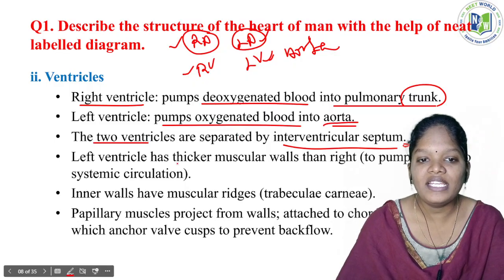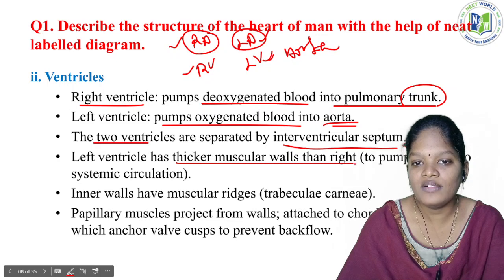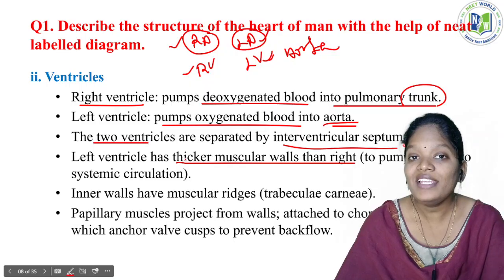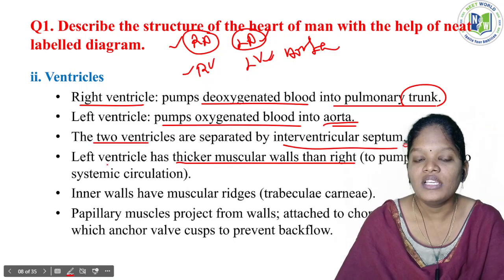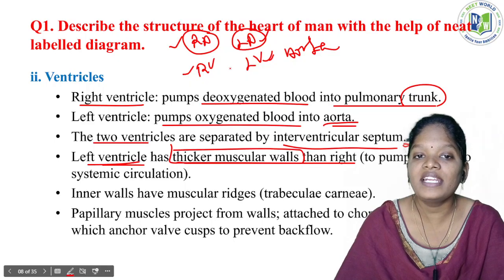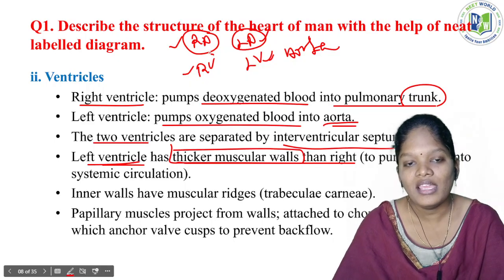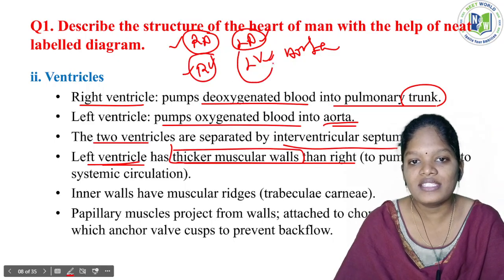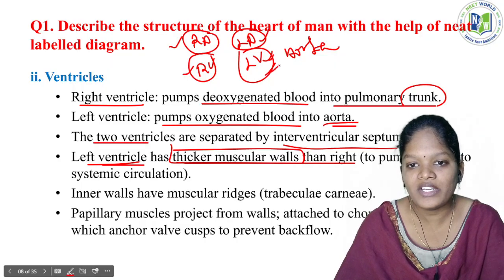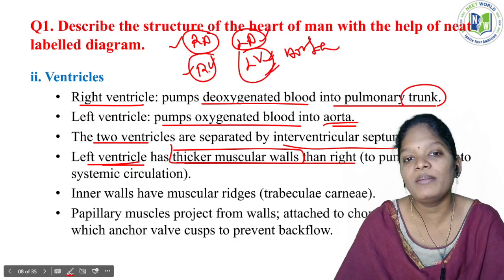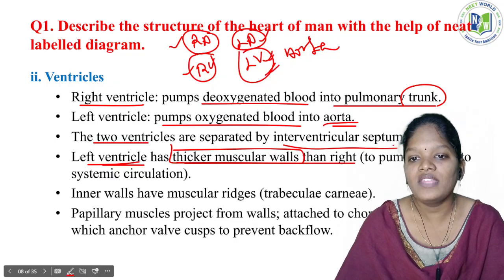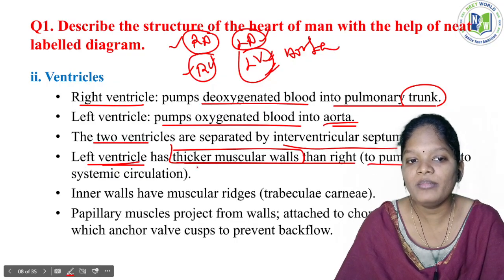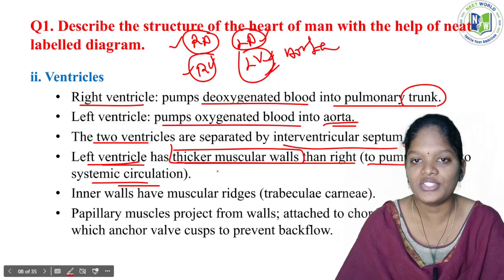The left ventricle has thicker muscular walls than the right. Why does it have to be thick? That is the question. Both are ventricles, one on the right side and one on the left side. The ventricle on the left side, the left ventricle, has thick walls compared to the right side, because it has to pump the blood into the systemic circulation.